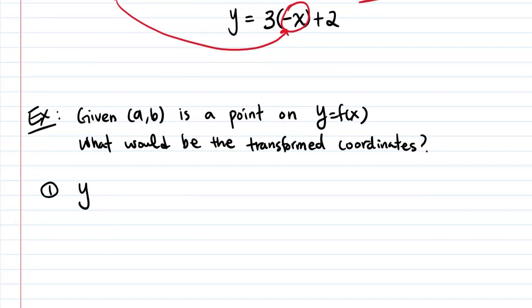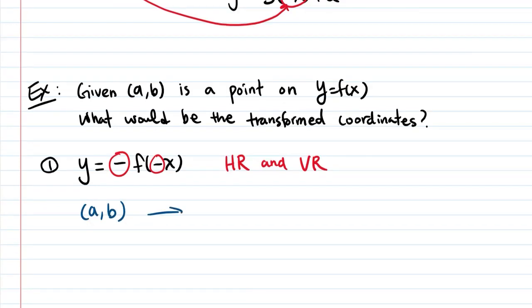So we've got y is negative f of negative x. There is a negative in front of the f of x, and there is a negative in front of the x. So that means it's a horizontal reflection and a vertical reflection. a, b becomes negative a, negative b.